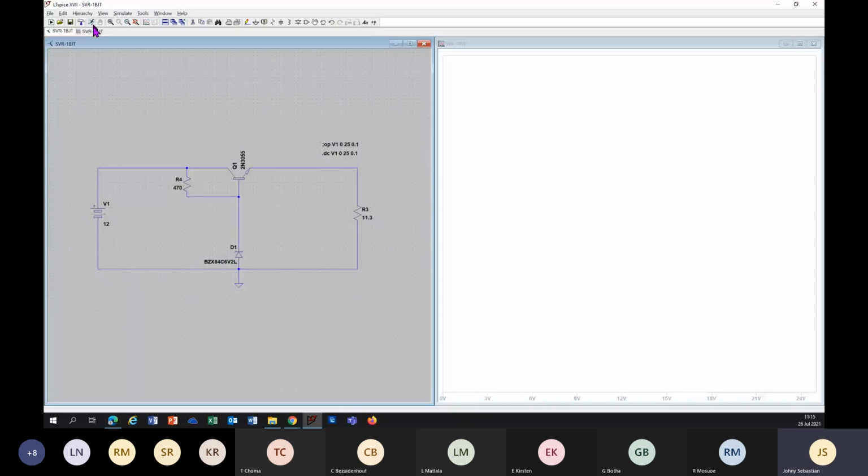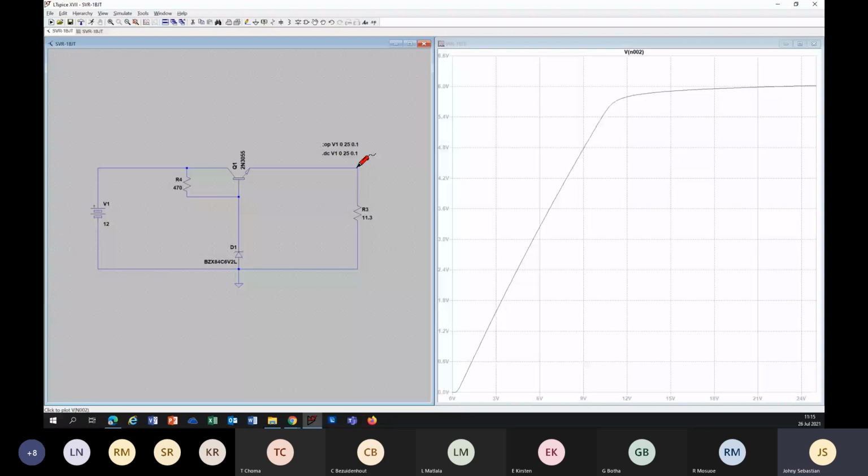Okay, calculation is finished. I need to find what is the voltage at this point. On the x-axis is the sweeping variable, that is V1. So here, voltage V is increased from 0 all the way up to 25 volt.